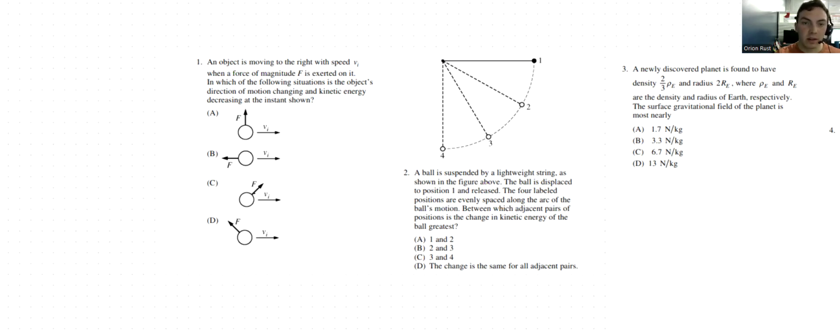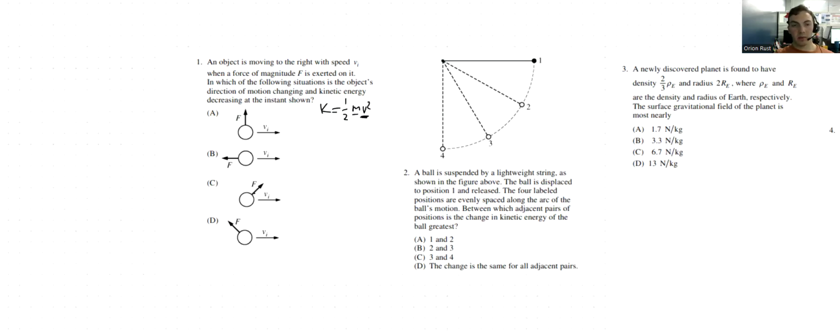Which of the following situations is the object's direction of motion changing and its kinetic energy decreasing at the instant shown? So basically, what they're asking is for a change in kinetic energy. And because our mass isn't going to change anytime soon, a change in kinetic energy means a change in velocity.